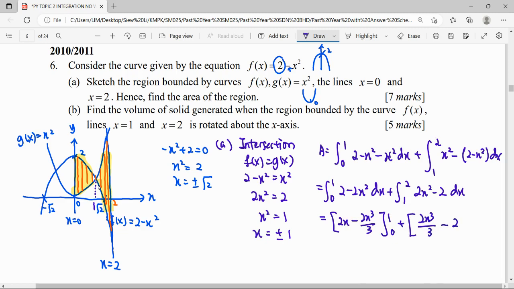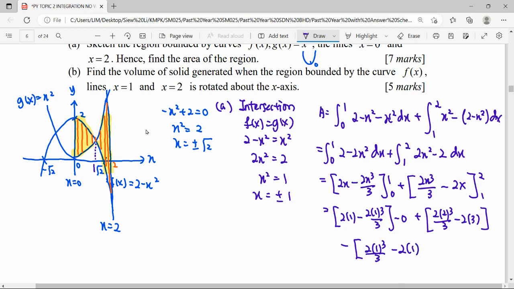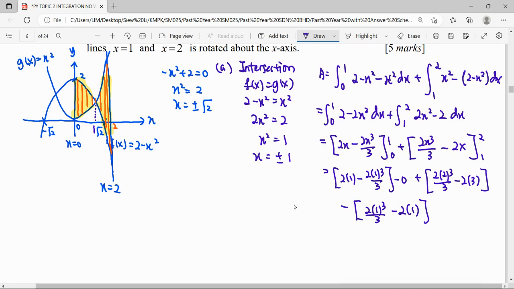Then we substitute upper limit minus lower limit, minus 0. So this will give us 4 units square.